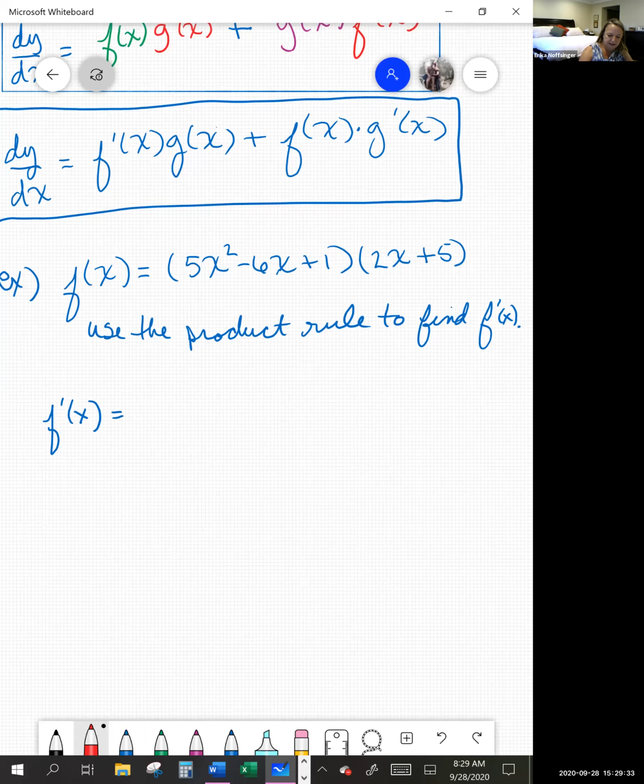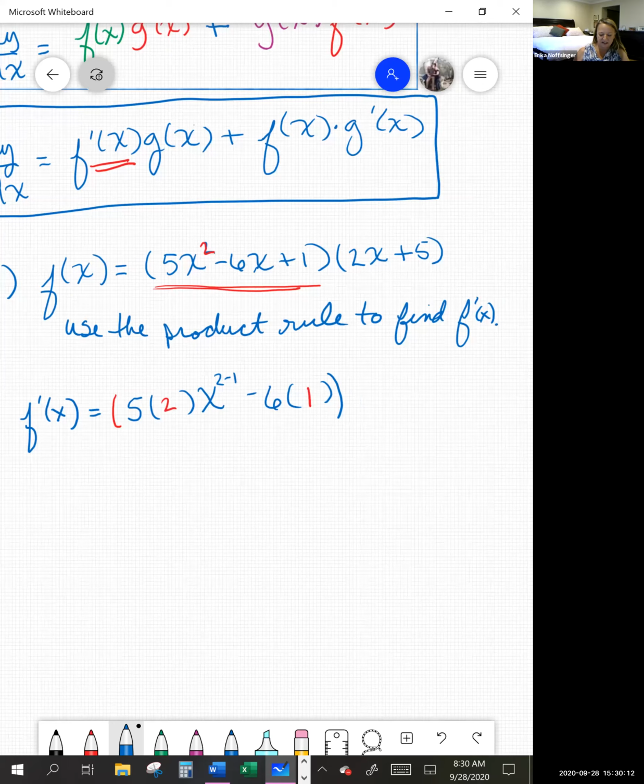So what this tells us is we're going to take the derivative of our first function. So we can use that general power rule. So we have the 5 times, bring our power down front, x, subtract 1 from our power, so 2 minus 1, minus 6 times 1, plus the derivative of 1 is 0.